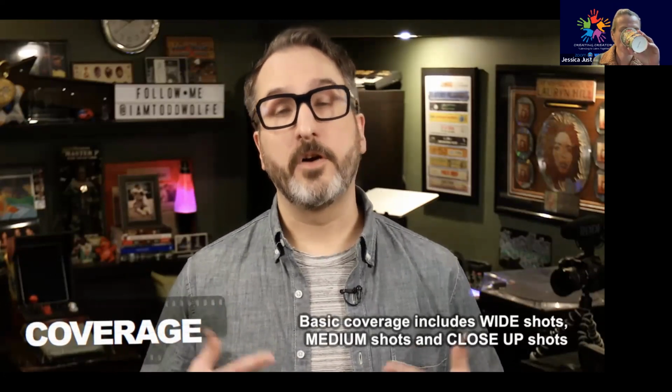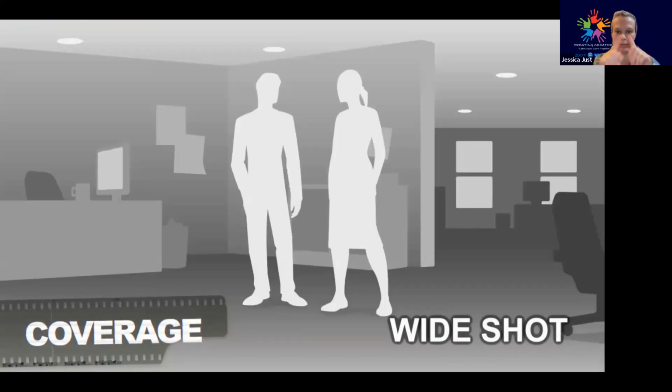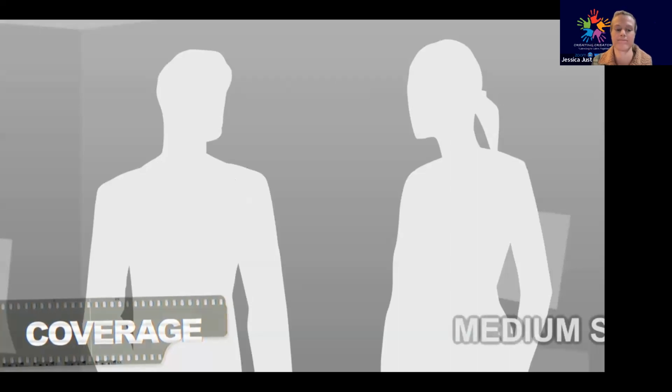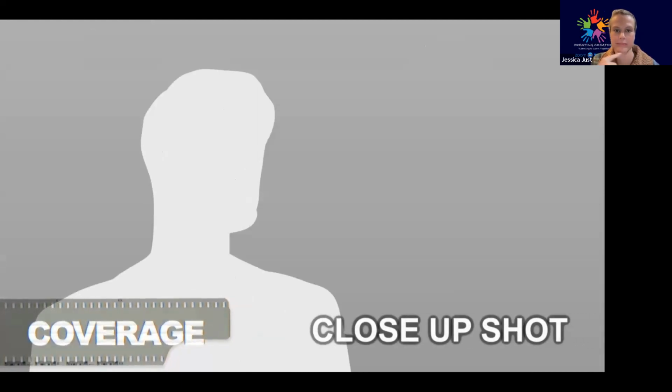Your basic coverage should include a wide shot, a medium shot, and a close-up shot. Each one of those is going to be important to help you tell your story. A wide shot helps to inform the audience of where the scene is taking place. A medium shot helps to inform the audience who the scene is about. And then a close-up helps to inform the audience the emotion or the feeling of characters in that scene.